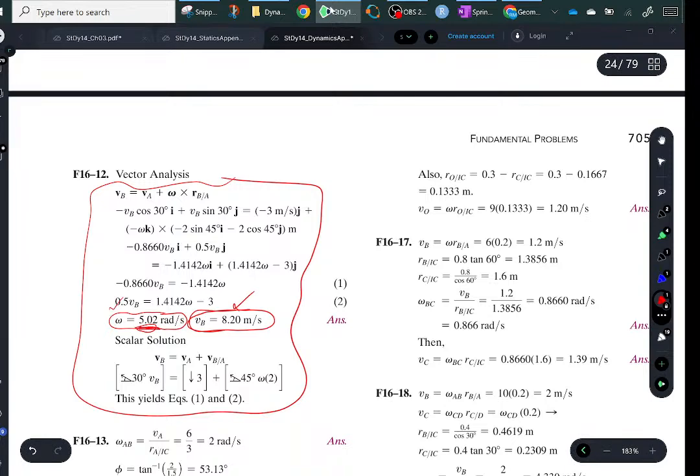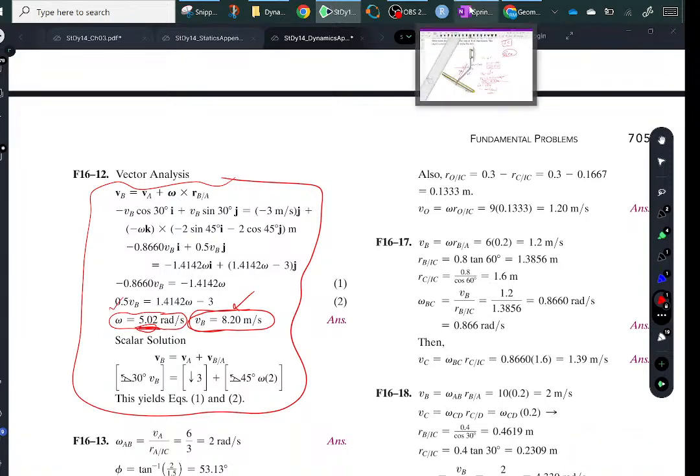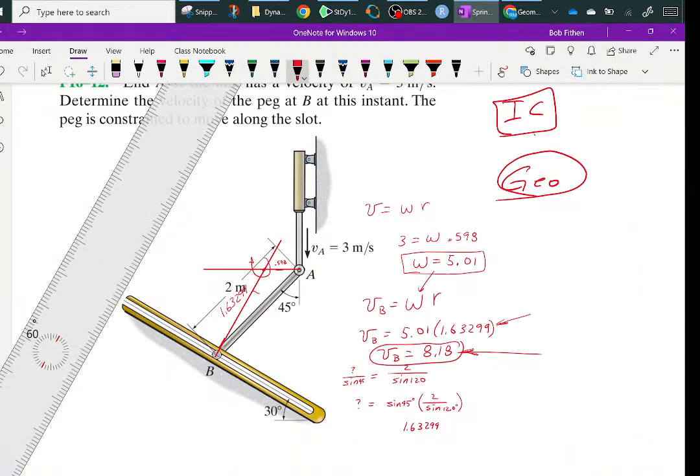First of all, if it's 5.02, let me just go back. So if I put in 5.02 instead of the 5.1, 1.63, I still get 8.18.